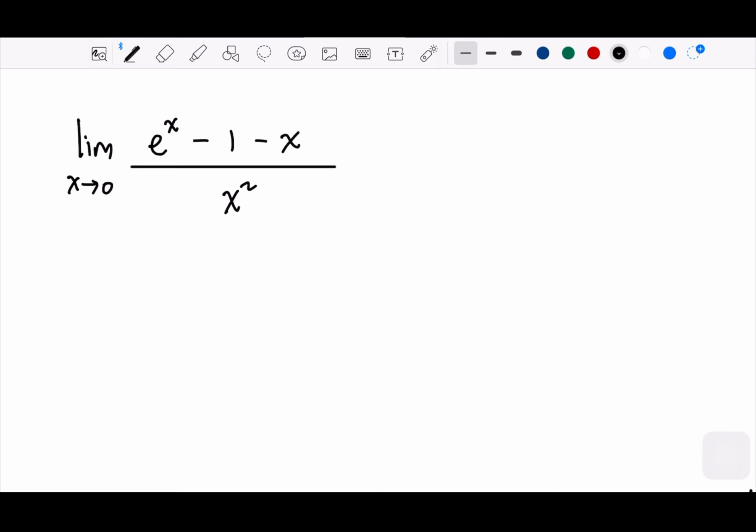Make sure that we are in indeterminate form before taking L'Hopital, right? Aside from taking L'Hopital directly, we can try to exchange this into series. We know the series for e to the x, right? We can write it as a series and write a few terms just for reference here.